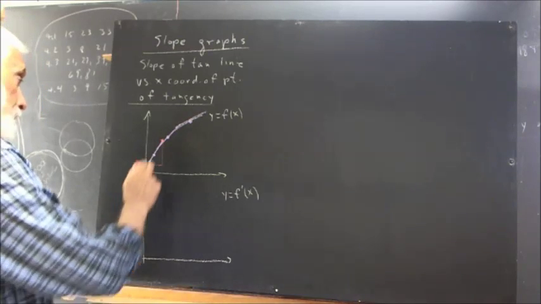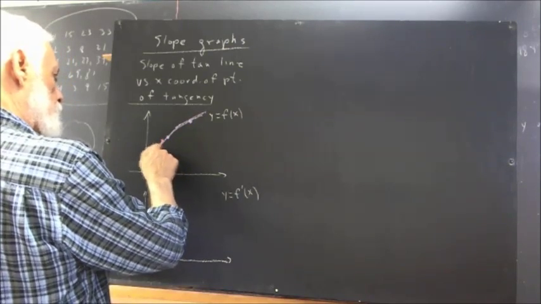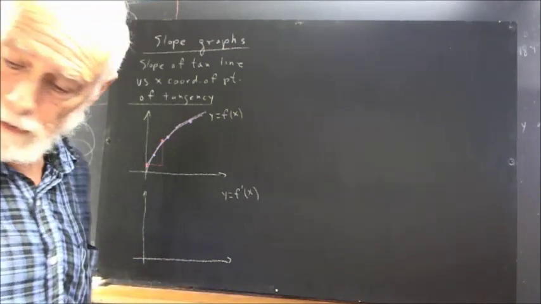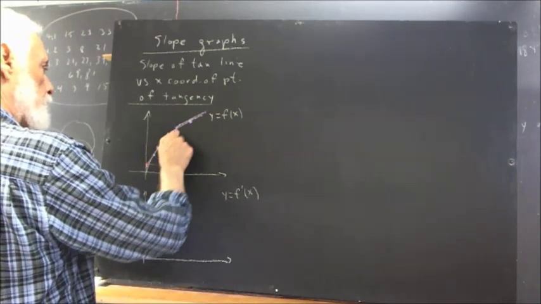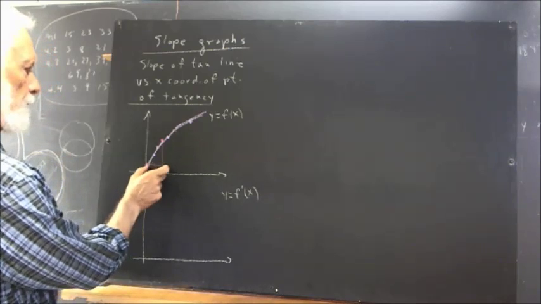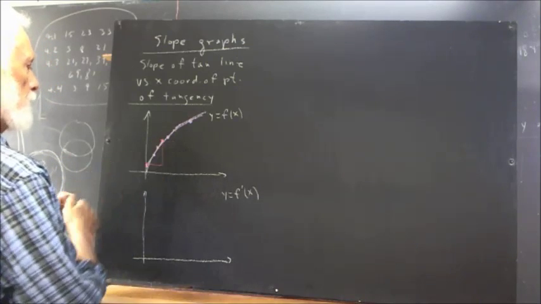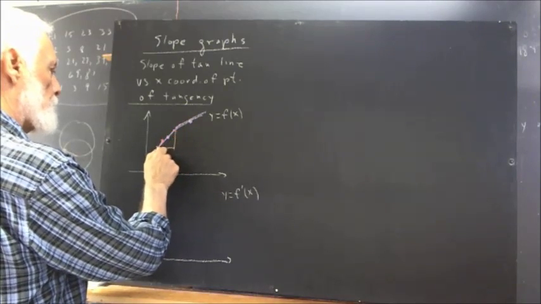And then we do the same for the second tangent line. Let's just use a different color. For the second tangent line, we have a point here, let's say, and a point here.